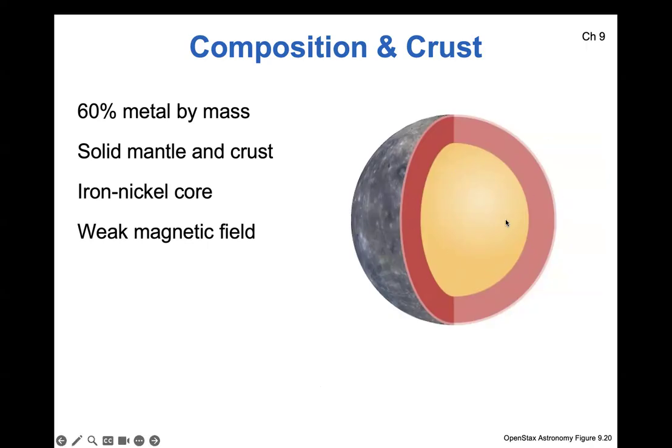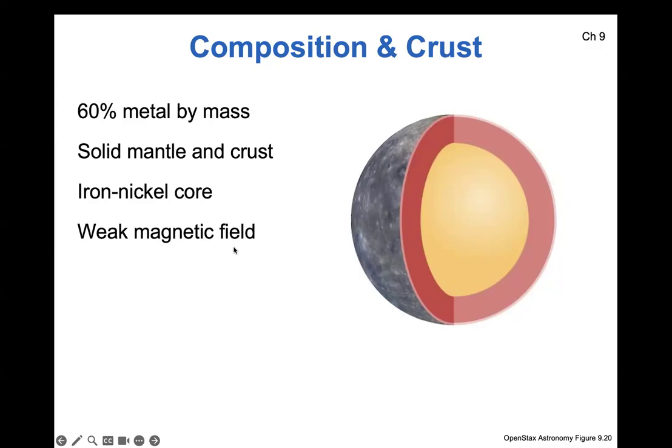If you don't recall, go back and look at the slides for Earth, and you can see that the mantle, the region with the salmon, red color, is rather thin on Mercury, and on Earth quite significant. The core is iron nickel, not unlike Earth.